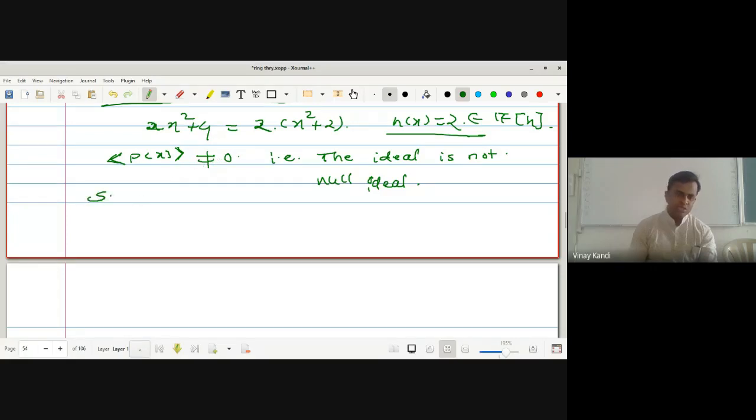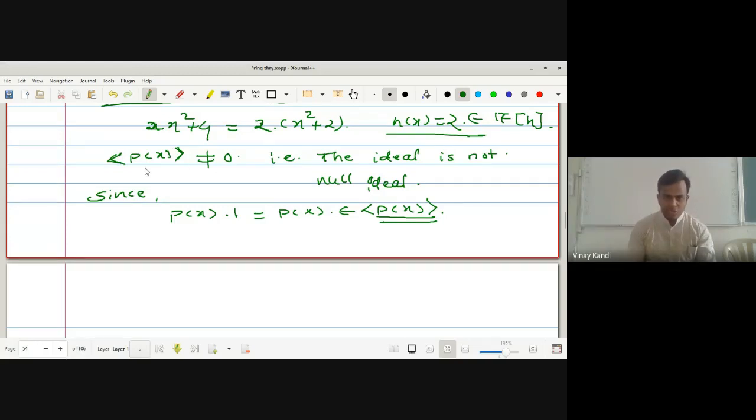Why? Since we can write p of x into 1, which is equal to p of x, which belongs to the ideal generated by p of x. At least this one element is in this ideal. Hence the ideal generated by p of x is always non-empty. Any doubt?